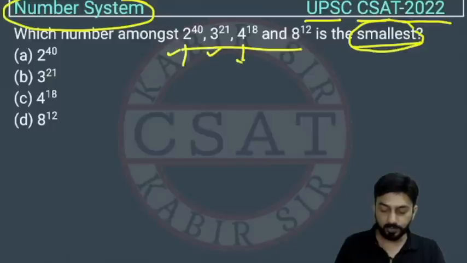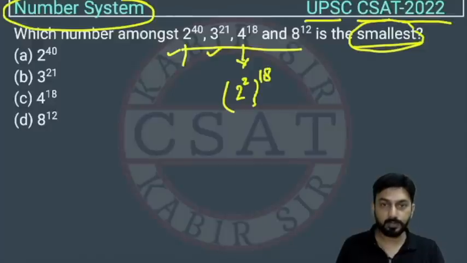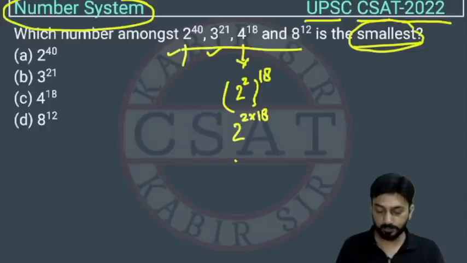So this is 4 to the power 18, and 4 can be written as 2 to the power 2, and I am keeping 18 here, right? Then this will become 2 की power 2 into 18, and 2 into 18 is 36, right? Similarly, I will change this. This 8 can be written as 2 to the power 3, right?